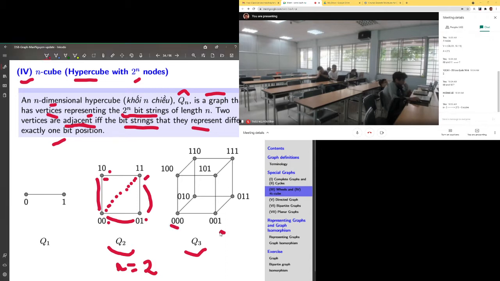The problem is the same. If you want to connect 0, 0, 0 to some node, you have to make sure that there is exactly 1 bit different like this one. So this one is okay. How about this and this one?